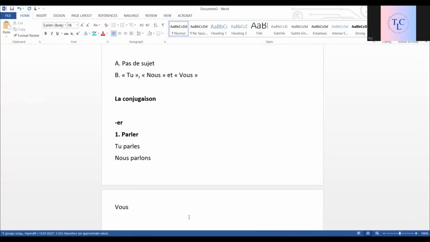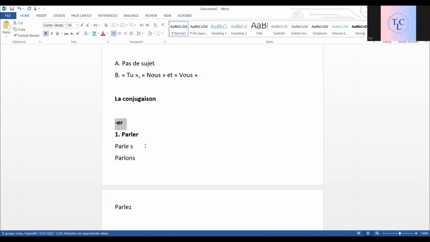What do we do over here? It's the same, just that we remove the subject. Directly: parle, parlons, parlez. The only change will be to remove the S. We remove the S from the tu form, only the tu form of er ending verbs.